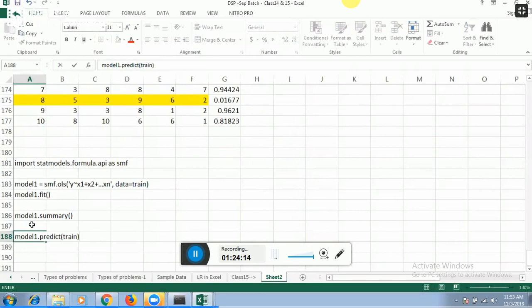You can use the predict function. This is nothing but your predicted value, train predicted. Similarly, test predicted is model 1 dot predict on the test data.